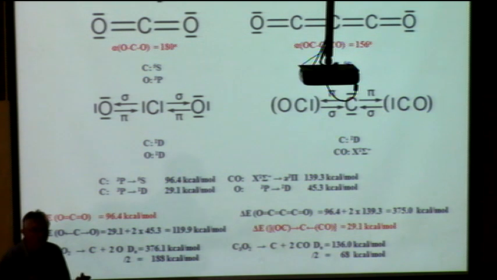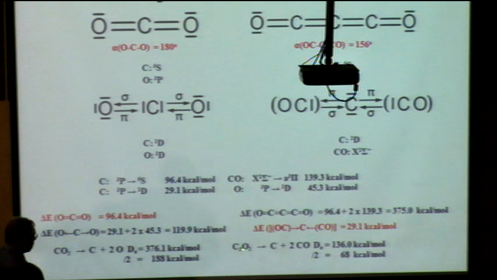Here, if you dissociate it into carbon and two COs, it's 136. For each of the bonds, only 68 kcal per mole. This formal double bond, 68, agrees with dative bond, this 188 with electron sharing bond. These bonds are always significantly weaker than this.